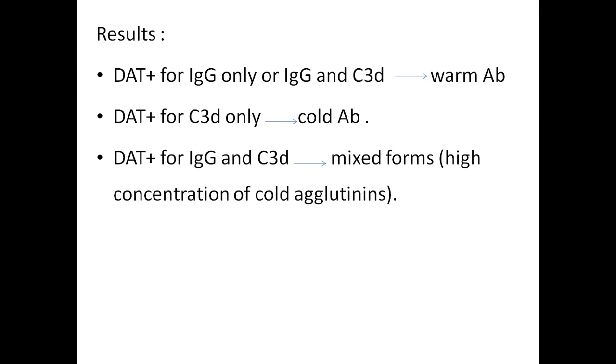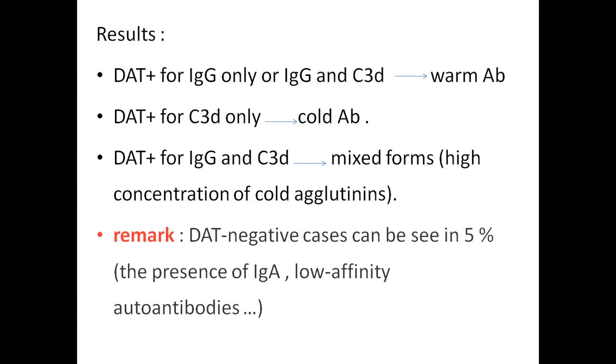Direct antiglobulin test positive for IgG and C3d indicates the presence of the mixed forms, but here we have a high concentration of cold agglutinins. Remark: direct antiglobulin test negative cases can be seen in 5%, like the presence of IgA or low affinity autoantibodies.